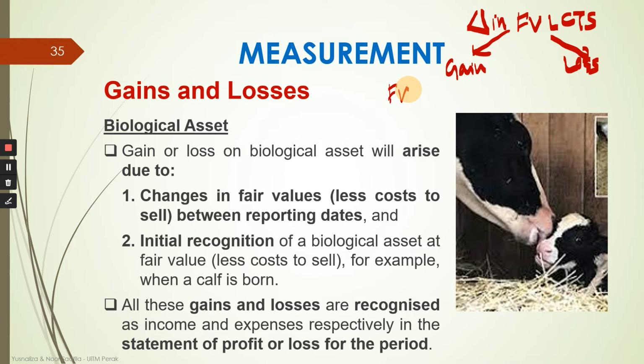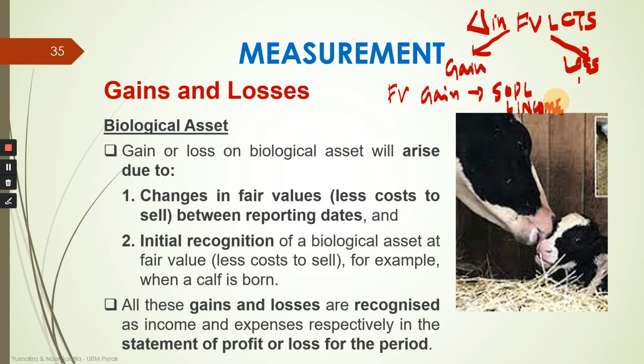If you have a gain, that one will be debited as fair value, credited as fair value gain, and that fair value gain will go to the SOPL, and that is an income.